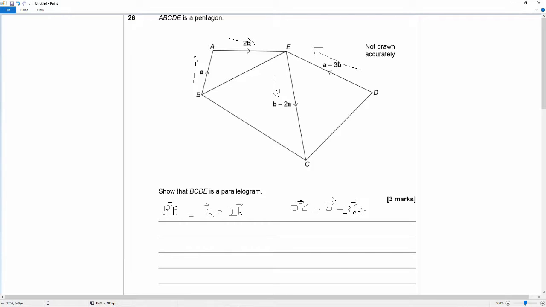So that's B minus 2A. So DC is equal to, so A minus 2A is negative A. And then negative 3B plus B is negative 2B.